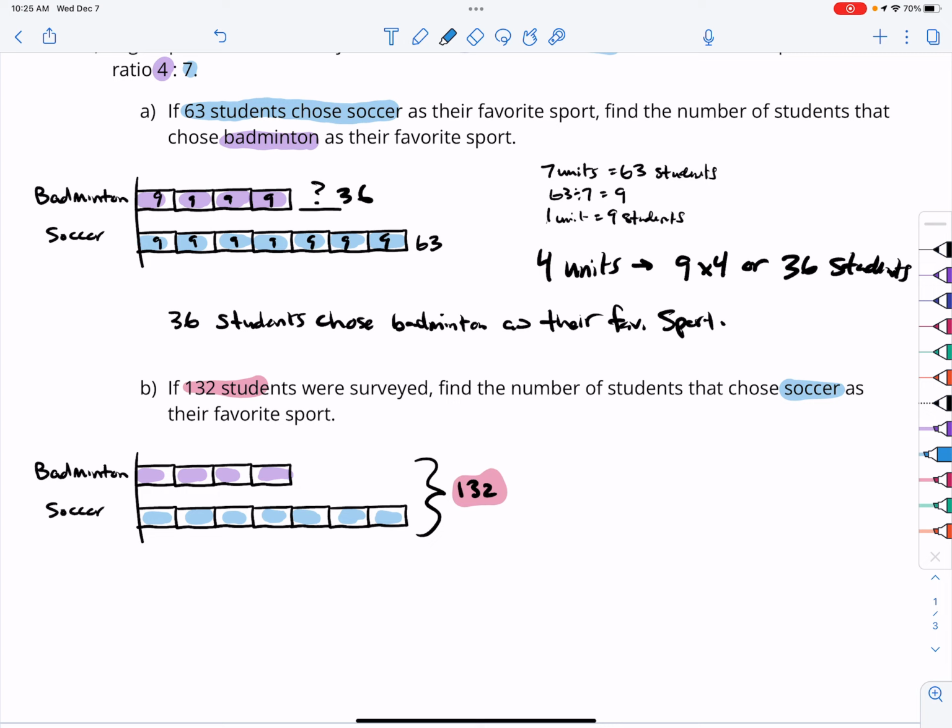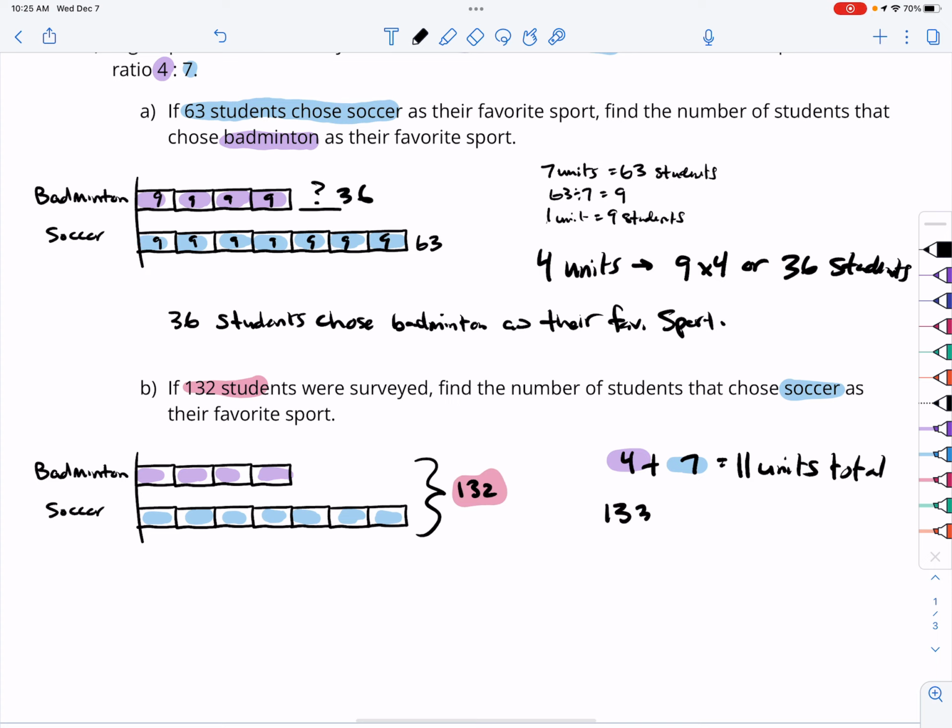So in order for us to do that, this 132 students is badminton and soccer all together. So that means we have 4 units of badminton, 7 units of soccer. So that means there are 11 units total. And in those 11 units, there are 132.